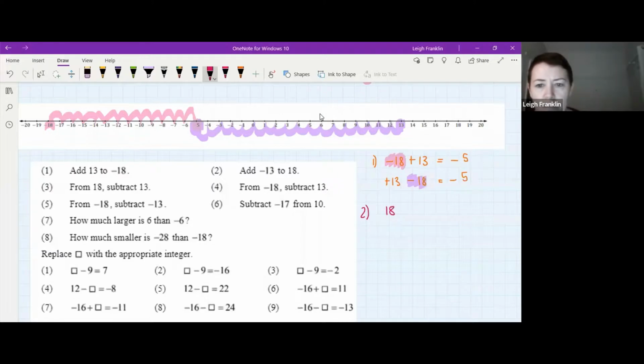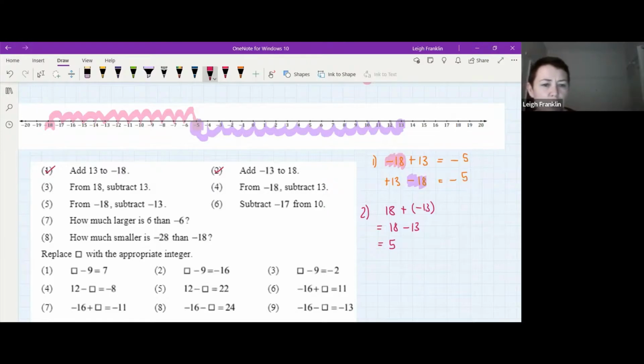And then you have to move down to the left 13 times, which will give you 5. Good. So yes, we're going to start at 18. We're going to add negative 13. So that means move 13 places to the left, and we will end at 5. Good job. Well done.